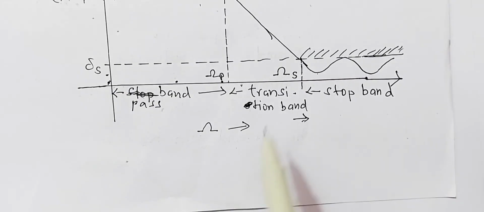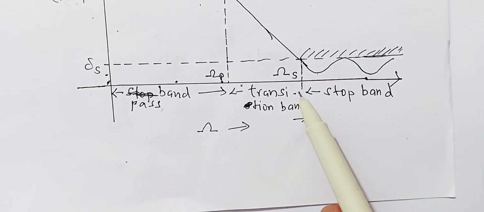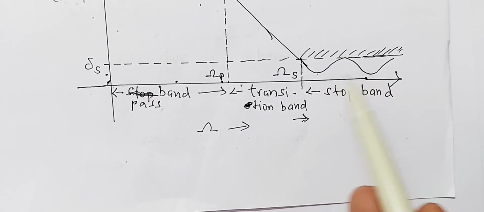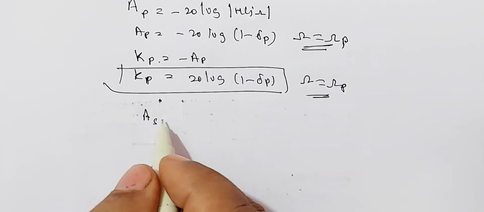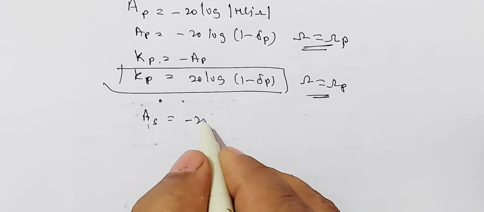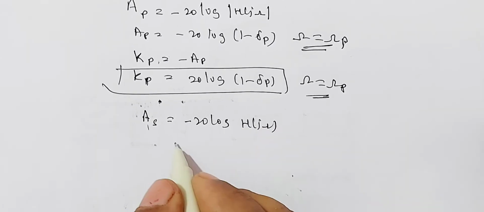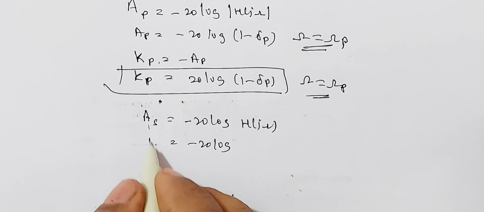Similarly, consider this. When the frequency omega is more than omega S, the output voltage is 0. That is another specification. And therefore, I will write this as A_S. Stop band attenuation is given by minus 20 logarithm of |H(j omega)|, which is equal to minus 20 logarithm of the stop band value.